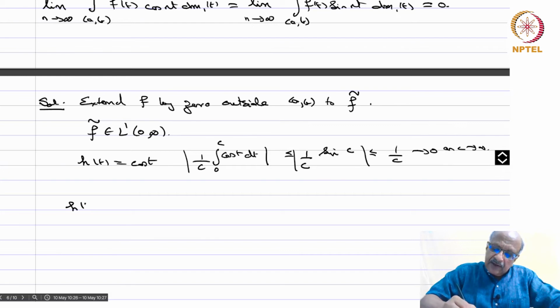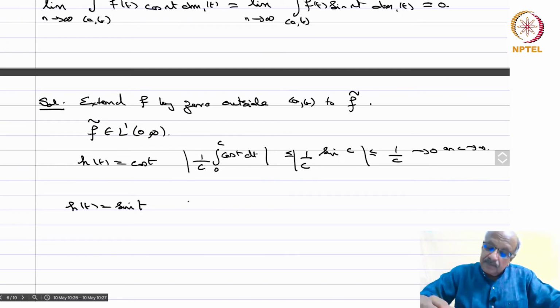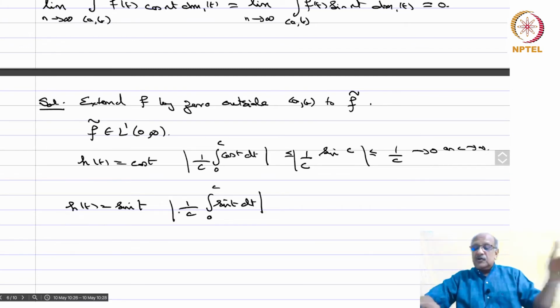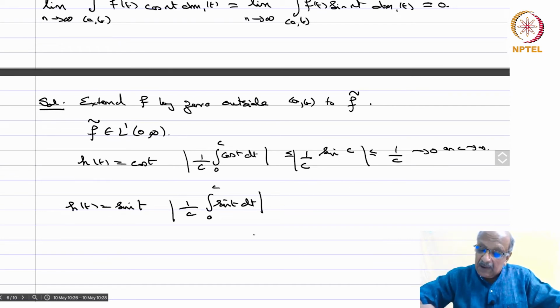Similarly, if you take h(t) equal to sin t, you have 1 by c times the integral from 0 to c of sin t dt. I am using dt because you are dealing with continuous functions on a finite interval, therefore Riemann and Lebesgue integrals are the same. I am not writing dm1 because of that reason.